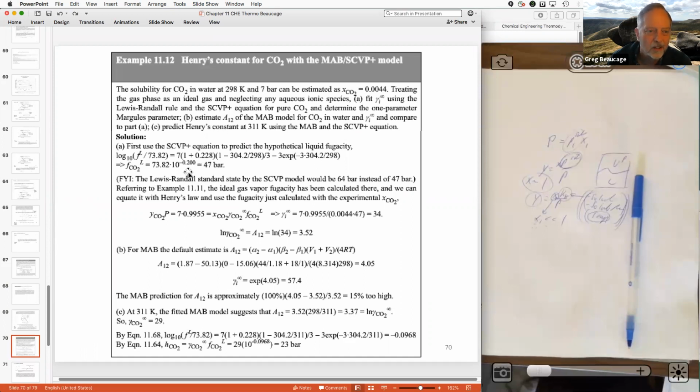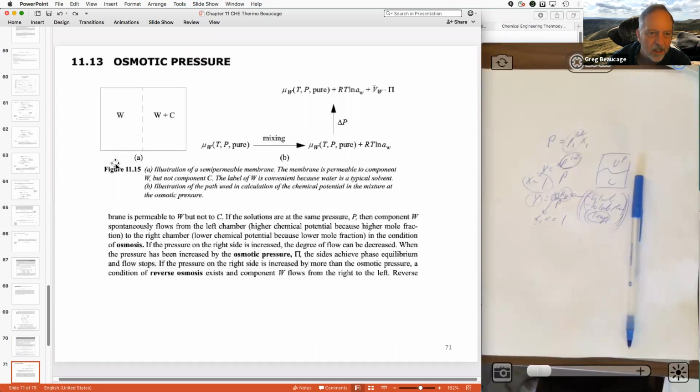So he's calculating gamma with this acid-base equation, then the specific volumes. Those are the numbers from the back of the book, from the cover of the book at the end. And then you can calculate the Margules 1,2 parameter, and then from that get the gamma, and from the gamma get the Henry's law constant from this thing. So anyway, there are problems that you did on that.